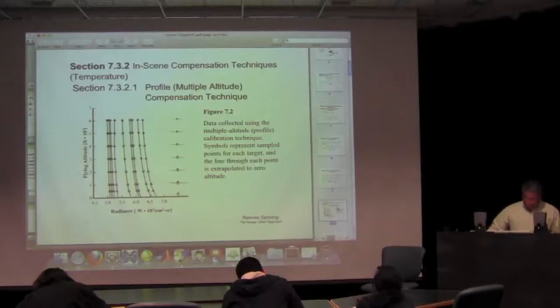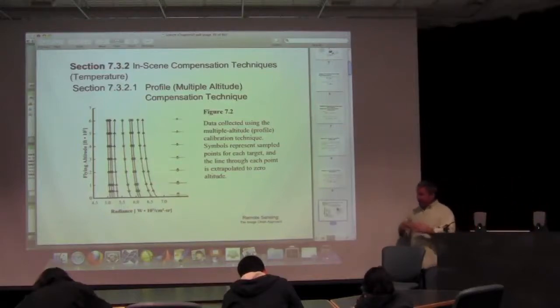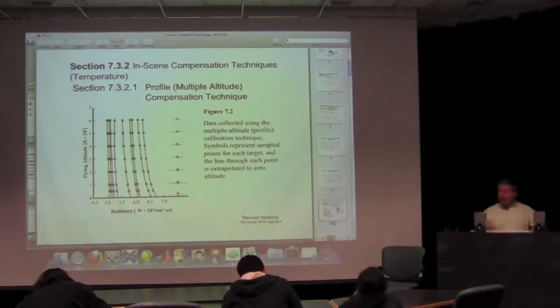All right. That's great. We measured some things in the scene. I measured some radiances leaving the ground. I measured those same radiances on my imagery.